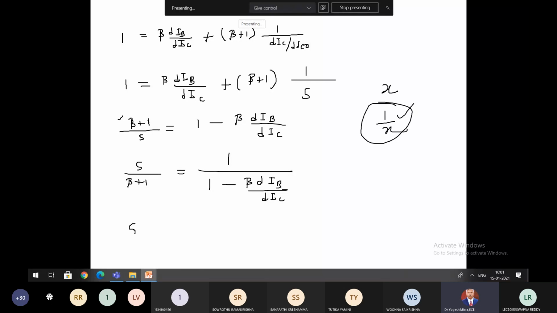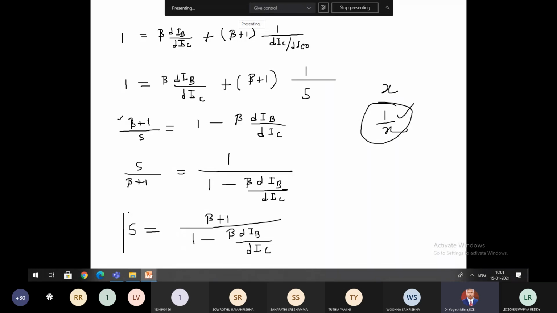And with this, I will multiply (beta plus 1), the denominator of this left hand side, towards the right hand side. So this will be (beta plus 1) divided by (1 minus beta dIB by dIC).